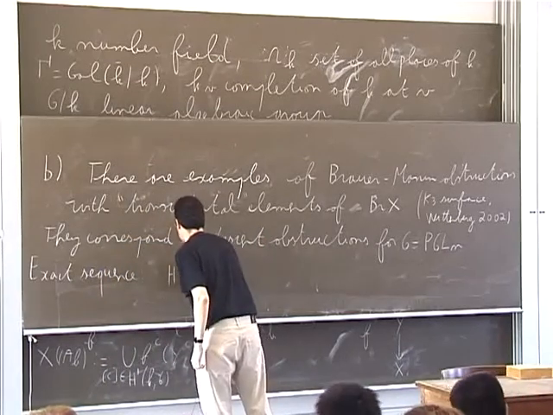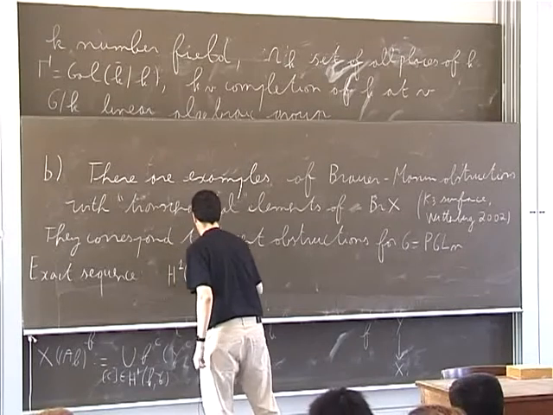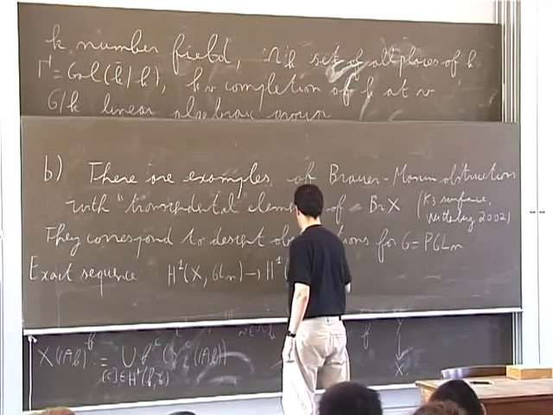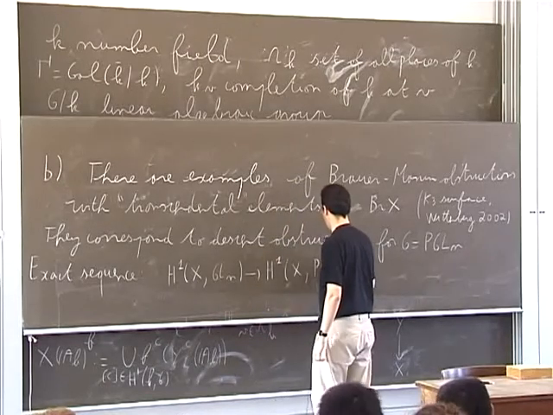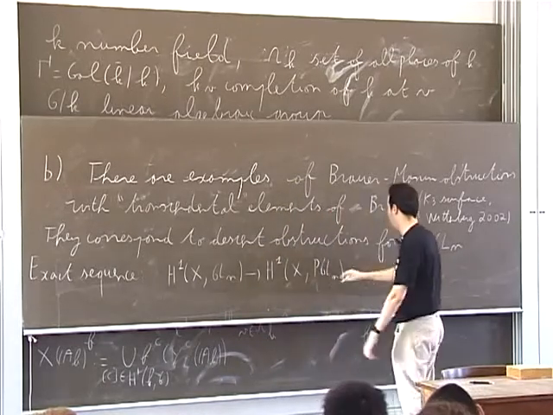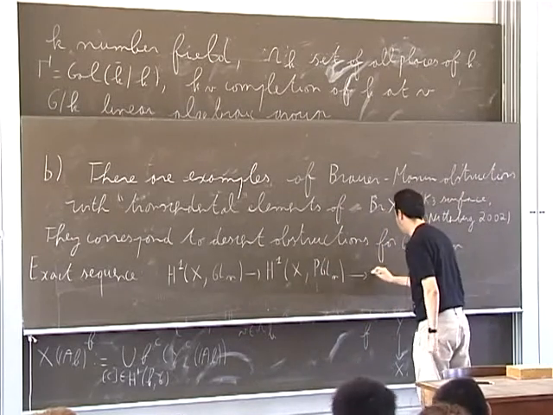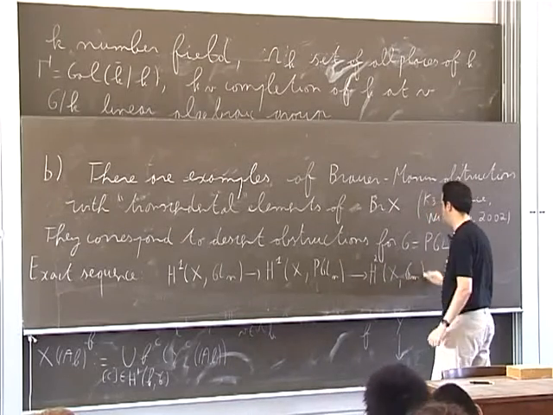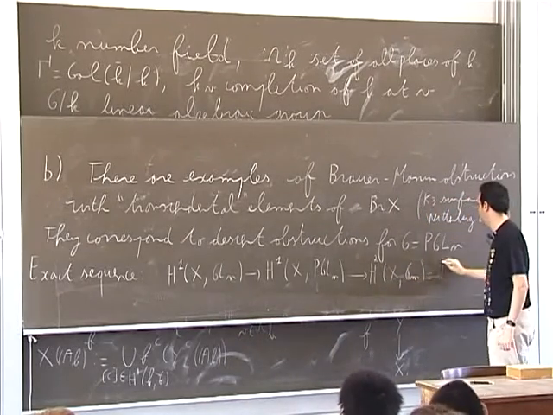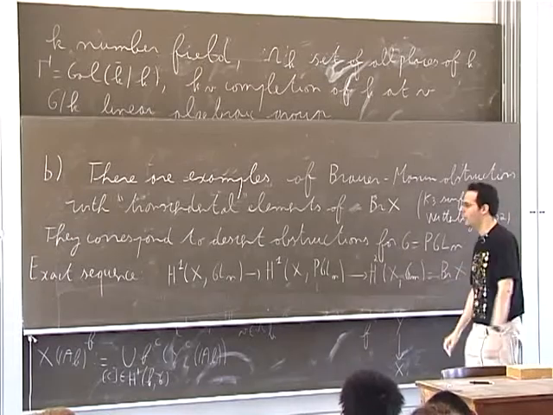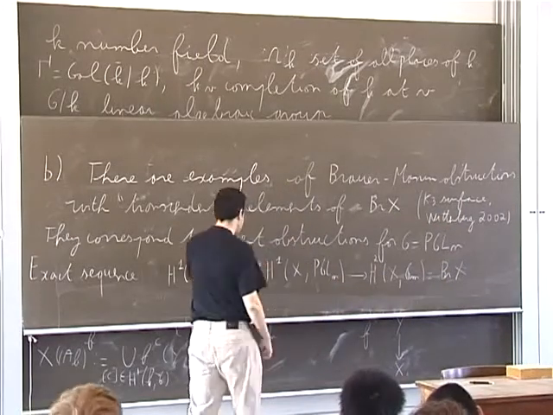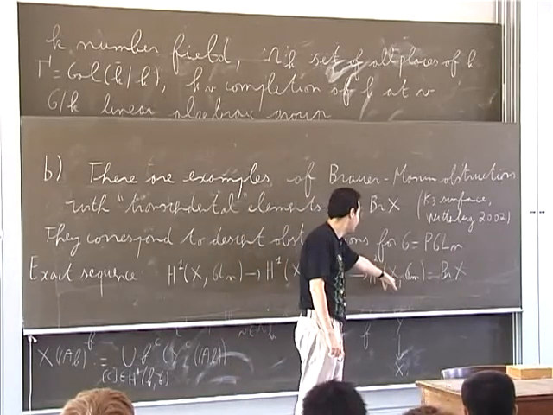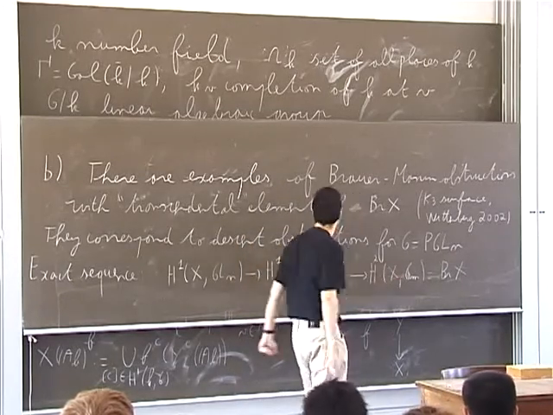So it goes like this: H^1(X, GL_N), H^1(X, PGL_N), and here you have a coboundary map to H^2(X, G_m), and by definition this is the Brauer group of X. So this is one way to relate descent obstruction associated to PGL_N to Brauer-Manin obstruction associated to any element of the Brauer group.